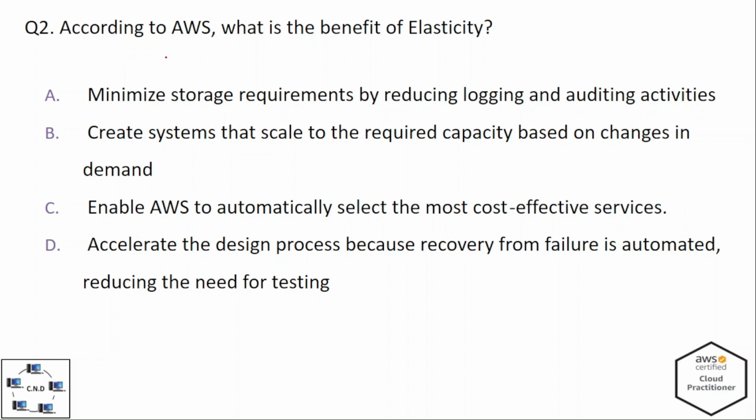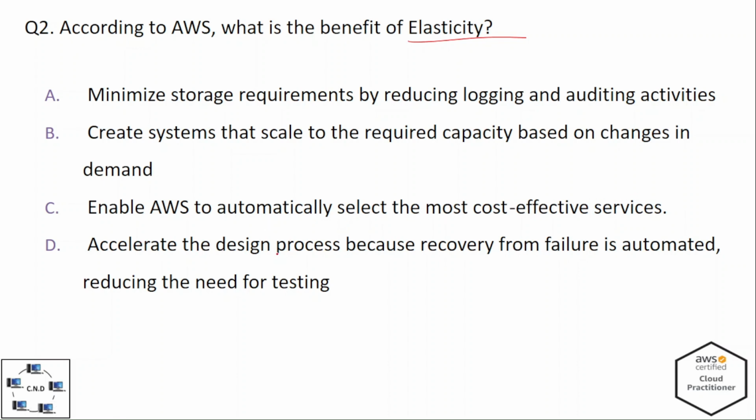Question number 2 is: according to AWS, what is the benefit of elasticity? And the options are A. Minimize storage requirements by reducing logging and auditing activities. B. Create systems that scale to the required capacity based on changes in demand. C. Enable AWS to automatically select the most cost-effective services.